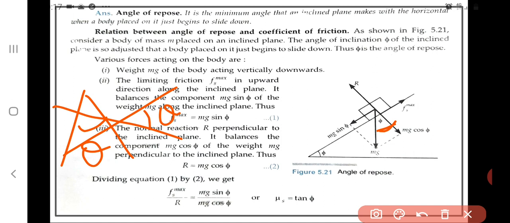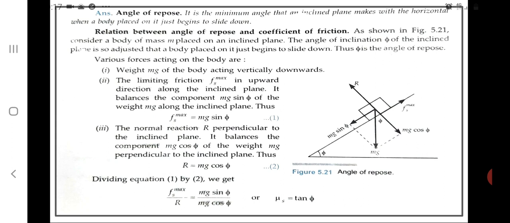Actually that logic is followed here in taking this angle as phi, because these two lines are perpendicular to these two planes. That means one is the horizontal plane and the other one is the inclined plane. So if this angle of inclination is phi, this angle also is phi.